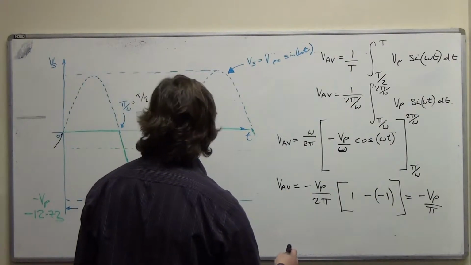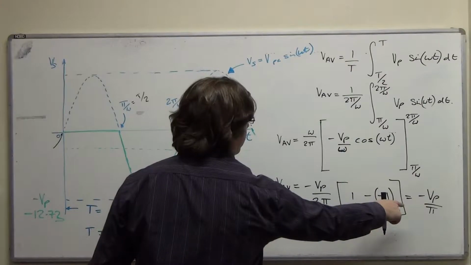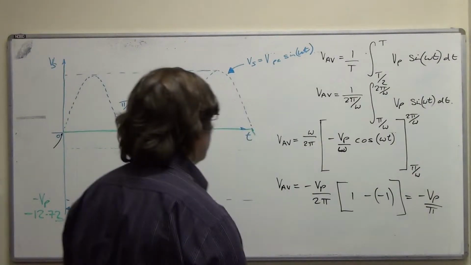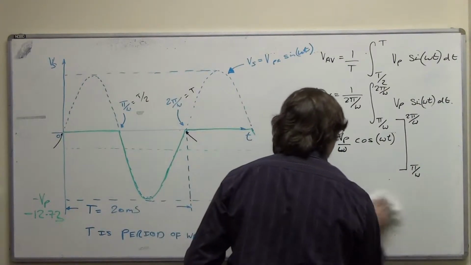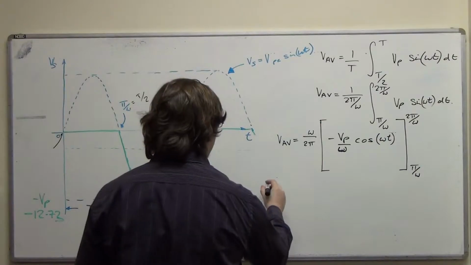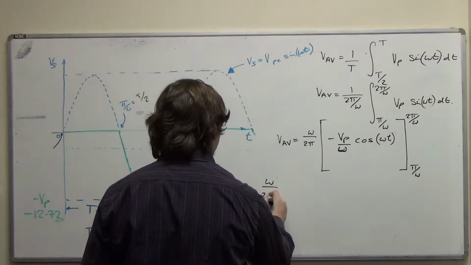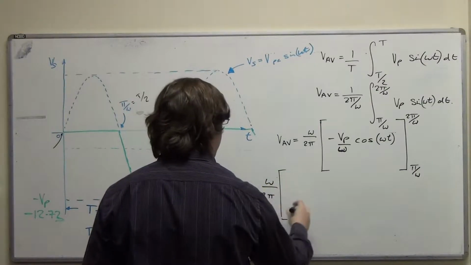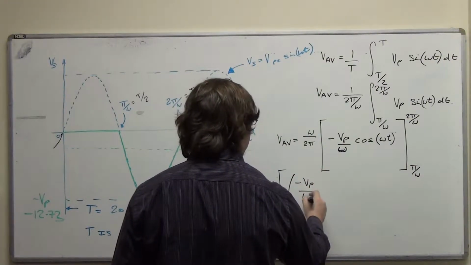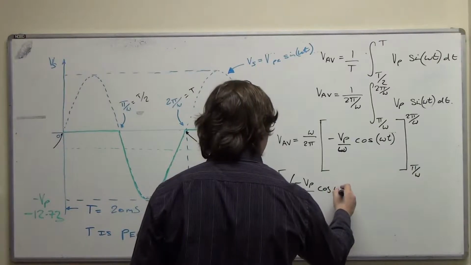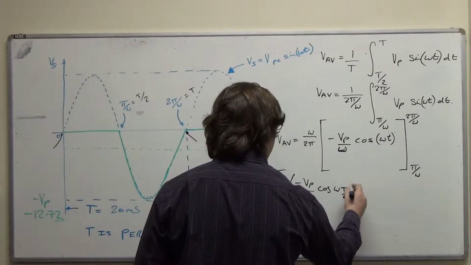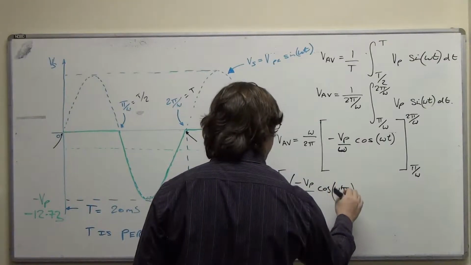I'll rub that line out and I'll expand that just so that you can see what's happened if you're unclear. You have omega over 2 pi, and then we'll have bracket minus Vp over omega cos omega times pi over omega.